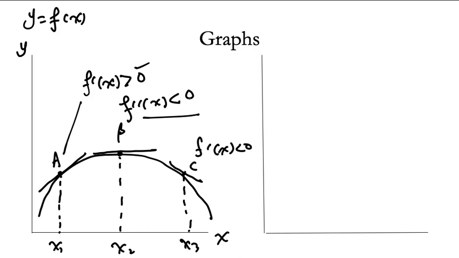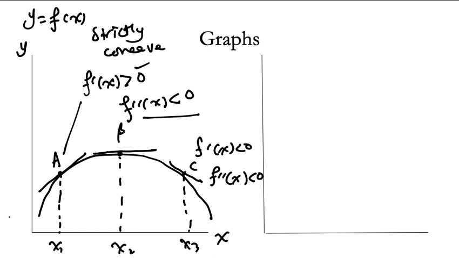Like an upside down bowl. And f double prime x is negative. Okay. Now, this kind of curve is what we call strictly concave. How to detect that a curve is a strictly concave curve?